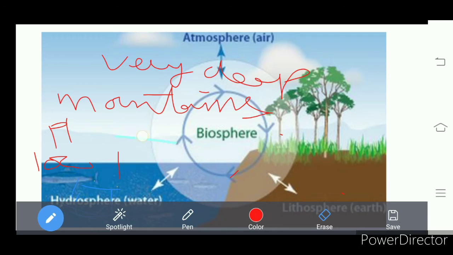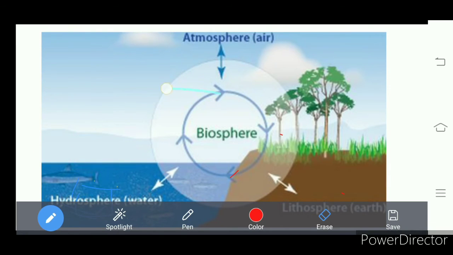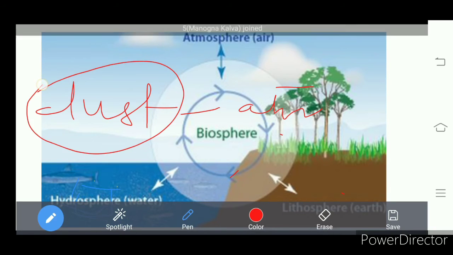And some part of the lithosphere is in the form of dust. Which one? Dust. This dust is also part of the lithosphere. It is in air. In air we find dust. So dust is a part of the lithosphere.